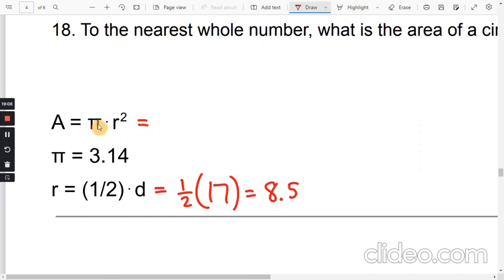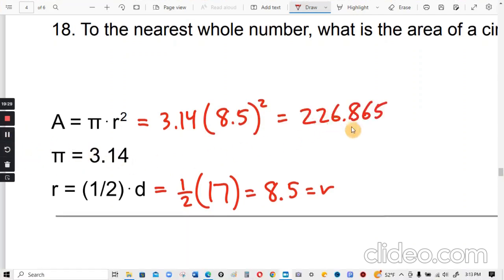So the area is going to be pi, which is 3.14, times r squared. We said r is 8.5. So that's times 8.5 squared. All right, I'll do this on the calculator. And I get this number here.